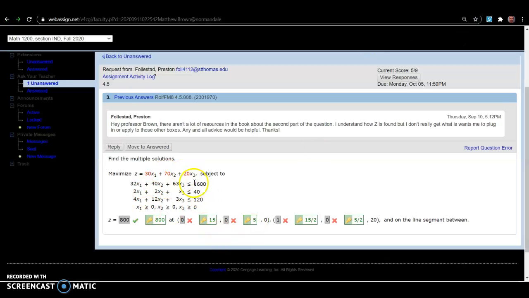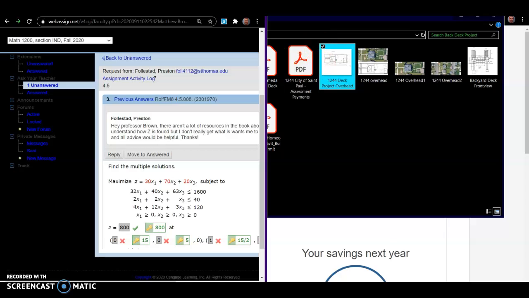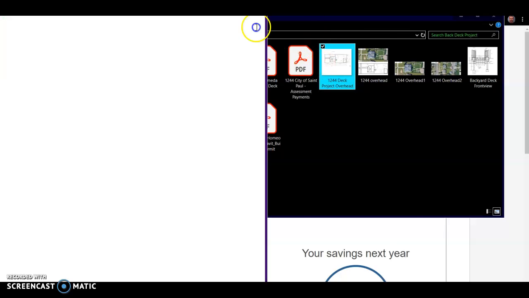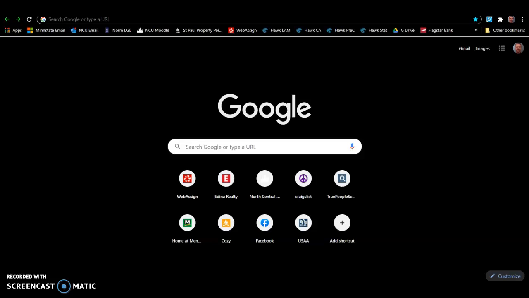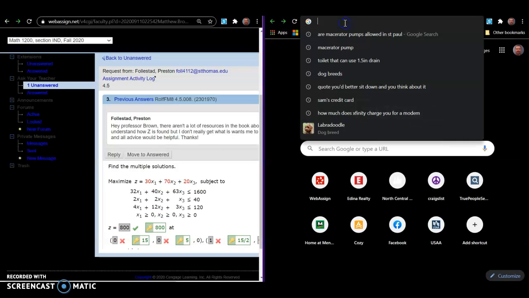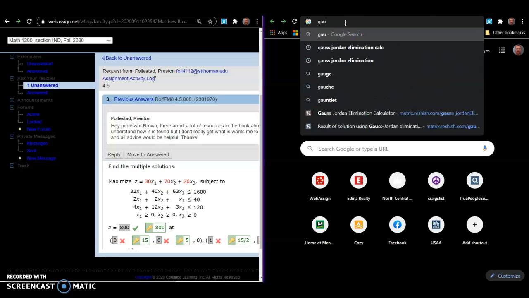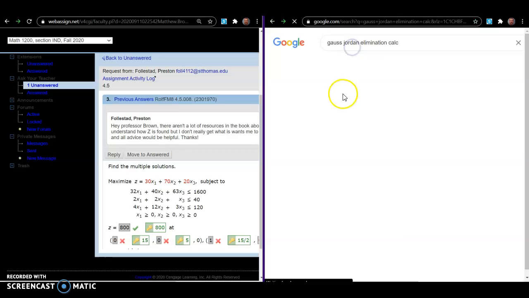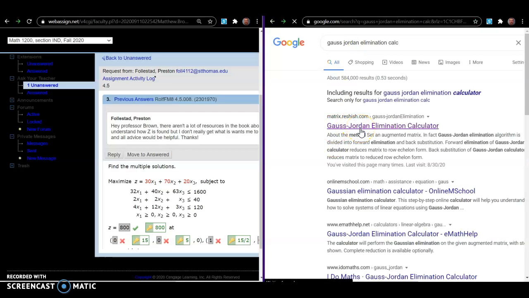All right, so we're looking at this problem, trying to figure out how to solve the second part. I would recommend using a Gauss-Jordan elimination calculator.